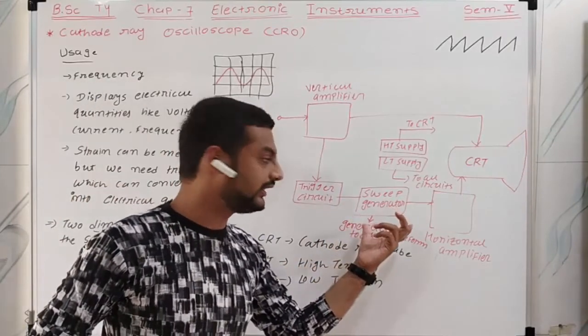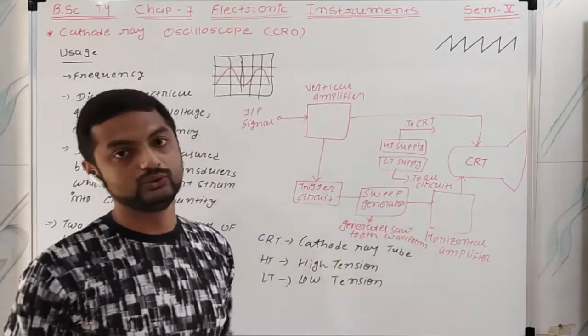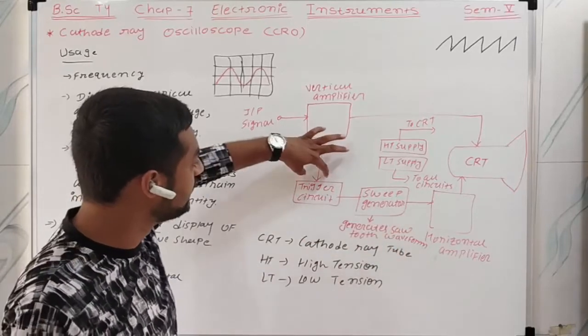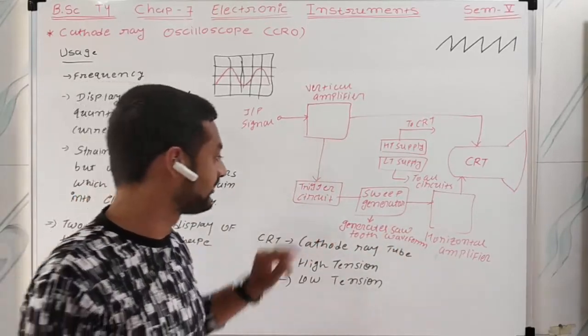If you want to generate a sawtooth, then you have to use this sweep generator, and this sweep generator is operated by this trigger circuit.